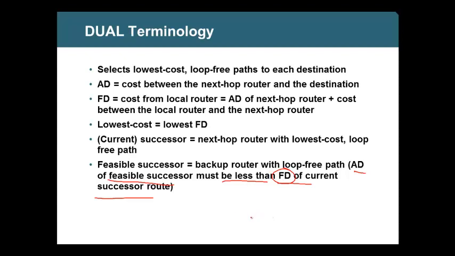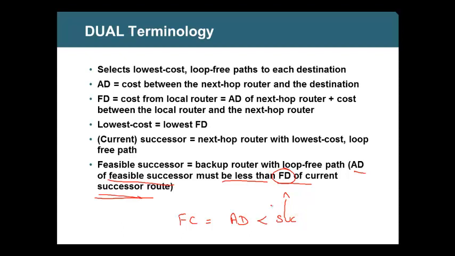So any total distance is called feasible distance, but the total distance of the successor is what matters here. Feasibility condition is equal to the advertised distance of that backup route should be less than the successor's metric, the successor's FD.